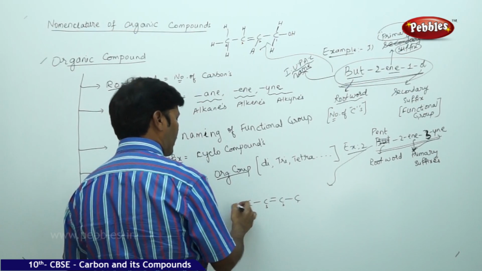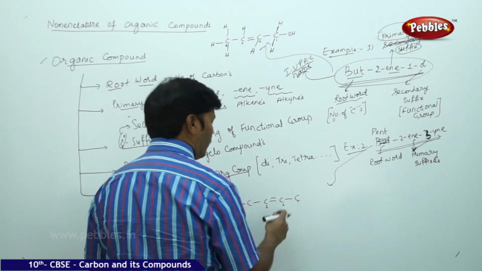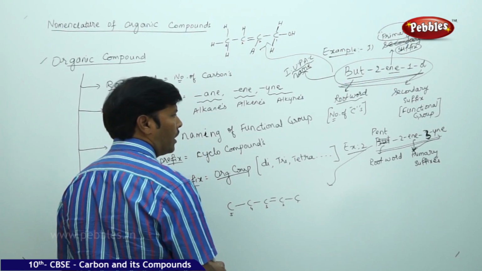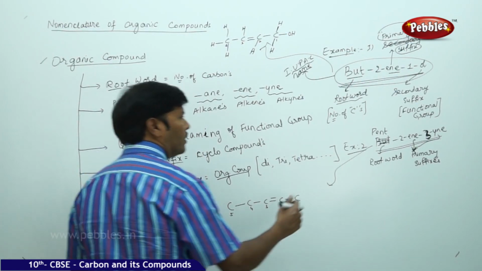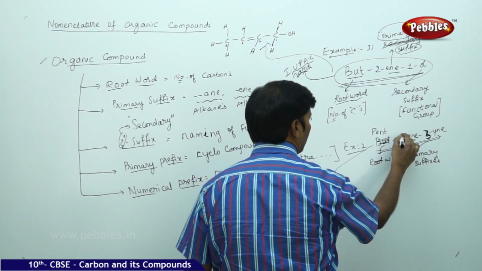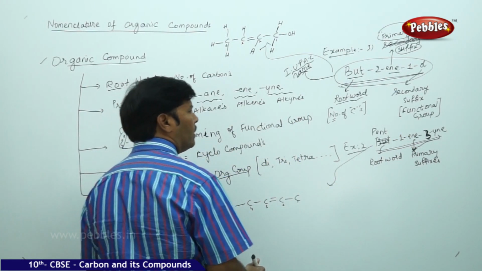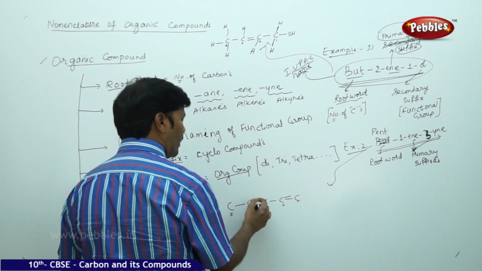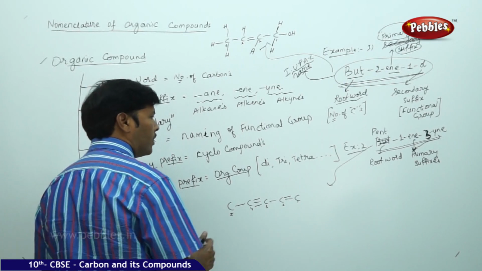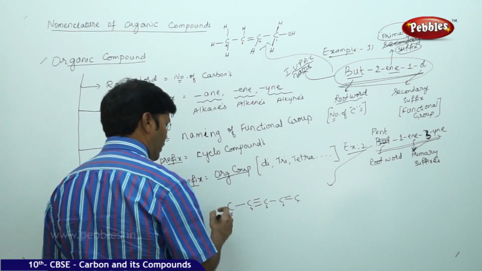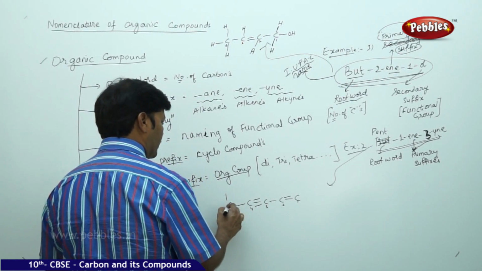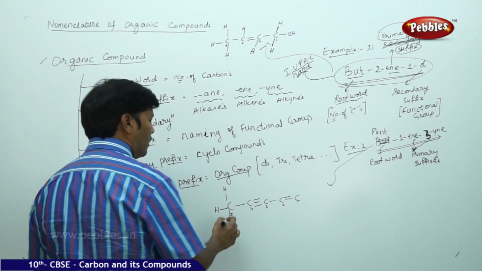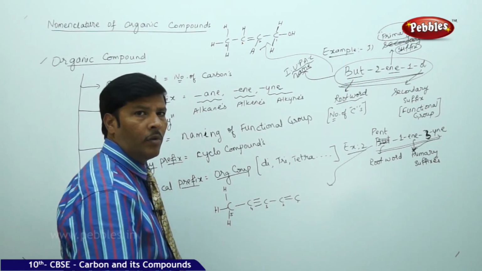So pent means I am attaching one more carbon: 1, 2, 3, 4, 5. So we make it pent-1-en-3-yne. You can take one double bond here and one triple bond after the third carbon. The root word is pent, so satisfy the tetravalencies for the fifth carbon: carbon single bond hydrogen, carbon single bond hydrogen, and carbon single bond hydrogen.